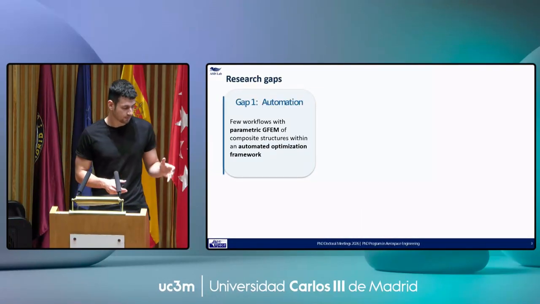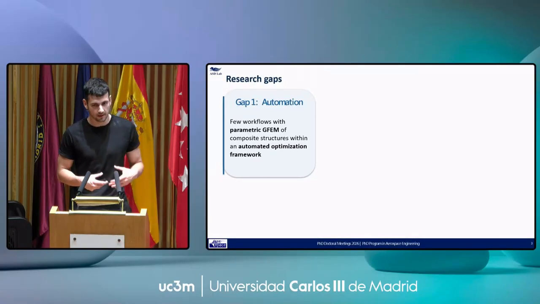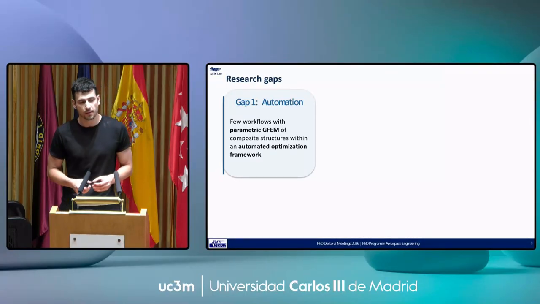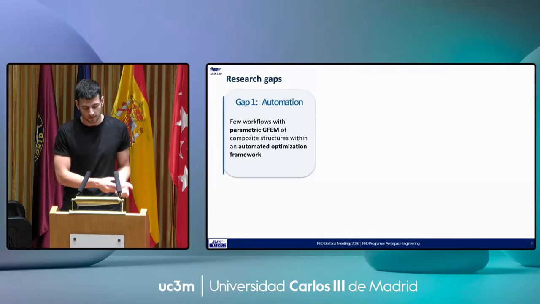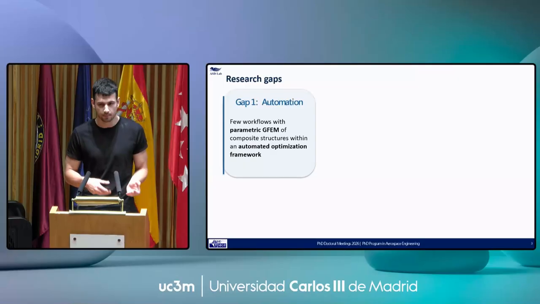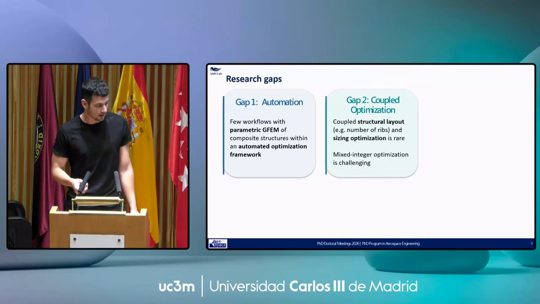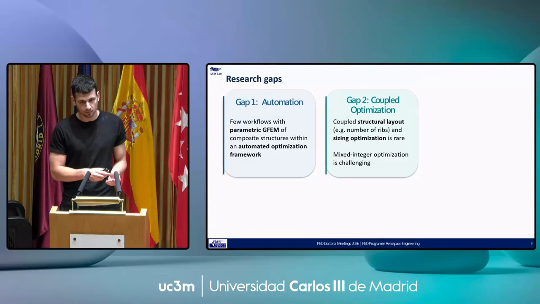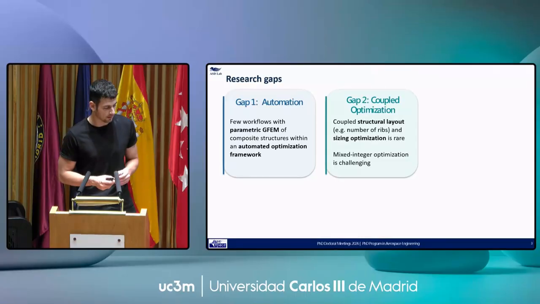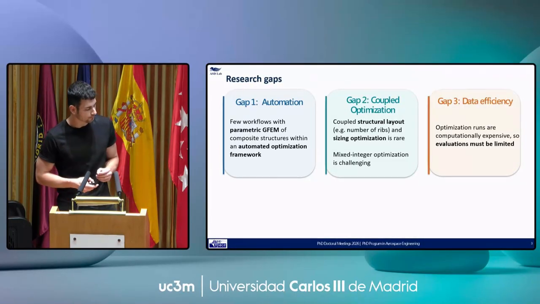Now, my work is focused around three gaps. The first one being automation, the fact that there are very few workflows that allow us to have parametric GFEM generation and also implement it in a broader optimization framework. The second gap deals with coupled structural layout and sizing optimization, which is rarely seen in the literature because it's a difficult optimization problem to solve.